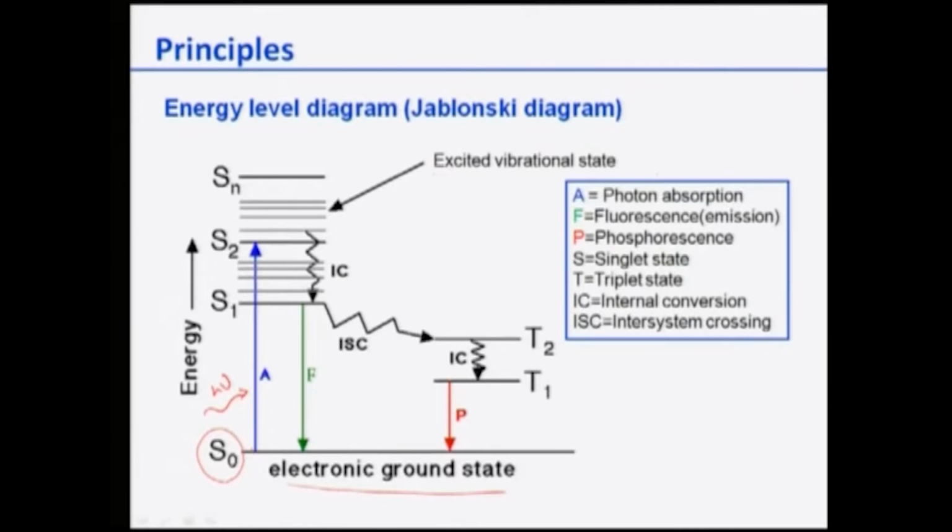From the S2 state, different situations can happen when the electron comes back to the electronic ground state. First, it can come from S2 to S1, which is called IC, internal conversion, as I told you in the last slide. And then when it comes back from S1 to S0, it emits certain light, that is what is called fluorescence.